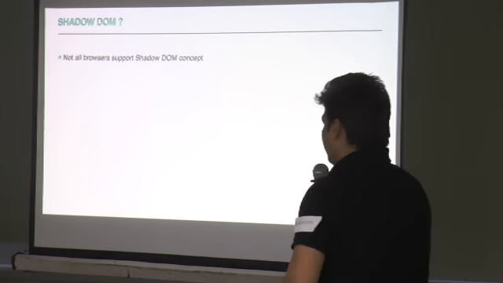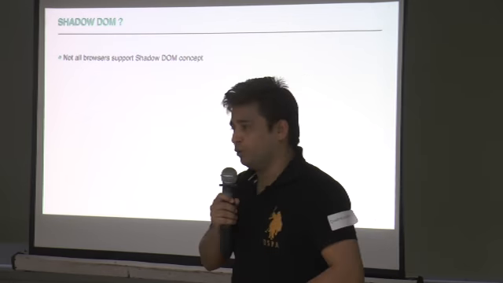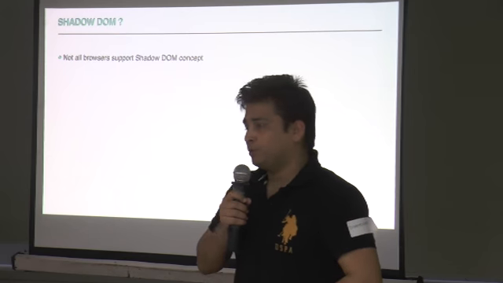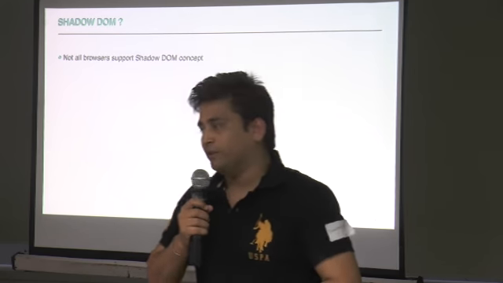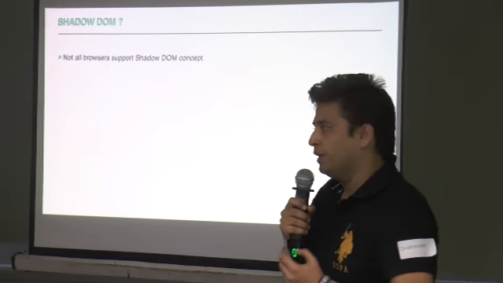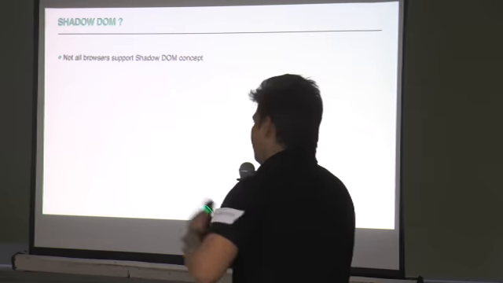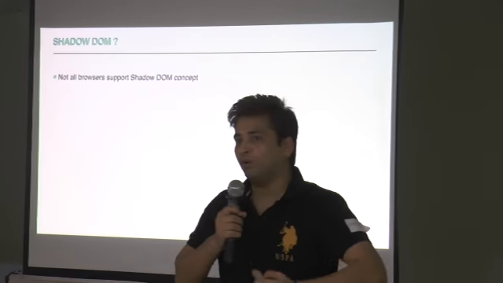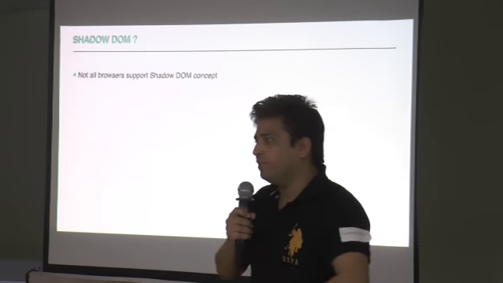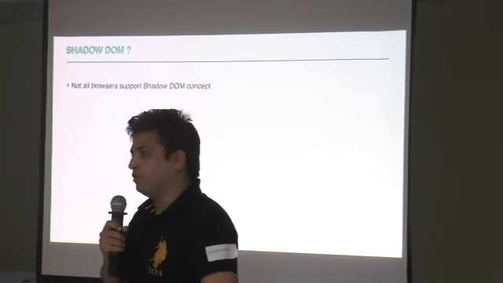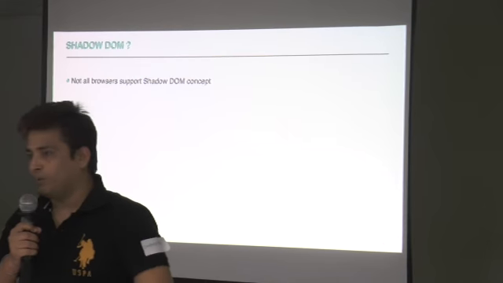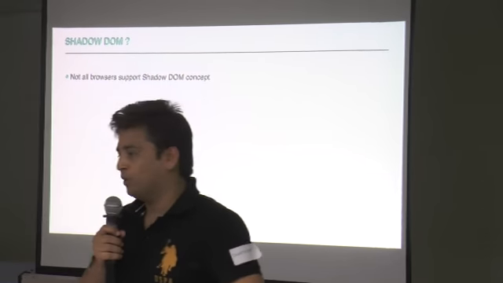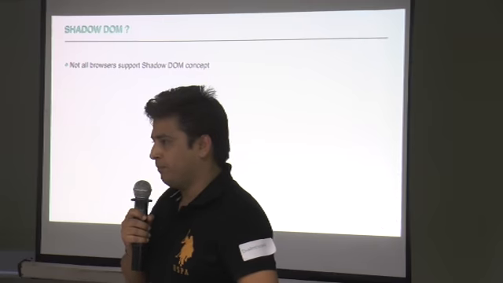The first thing, very important: not all browsers support shadow DOM right now. This is the reason why Polymer is not formally announced by Google as available throughout and in production. It is still in beta. They have provided full support for Chrome Canary, but not for Firefox and Safari.